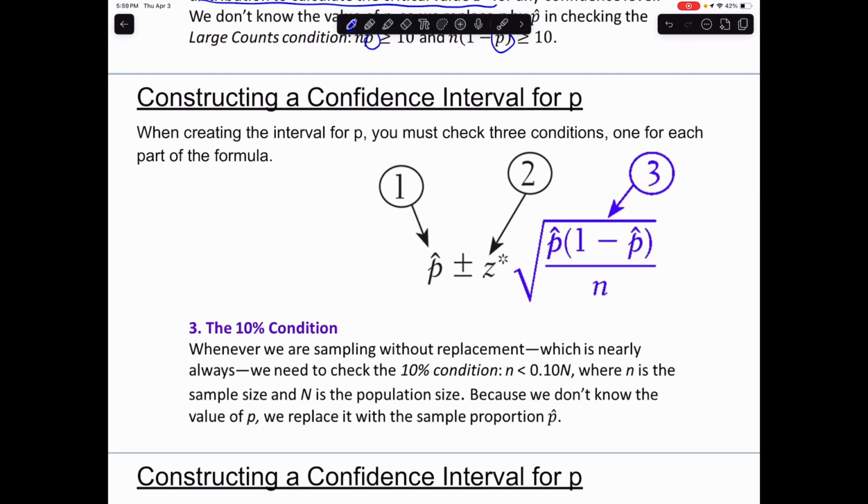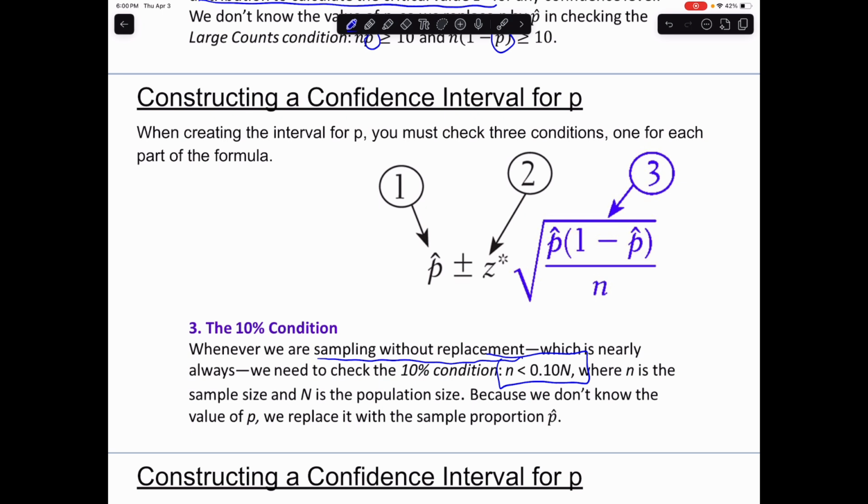And finally, the 10% condition, if you remember, is checking this. It allows us to make sure that the standard deviation formula is valid and that we can be okay even though we're sampling without replacement, right?